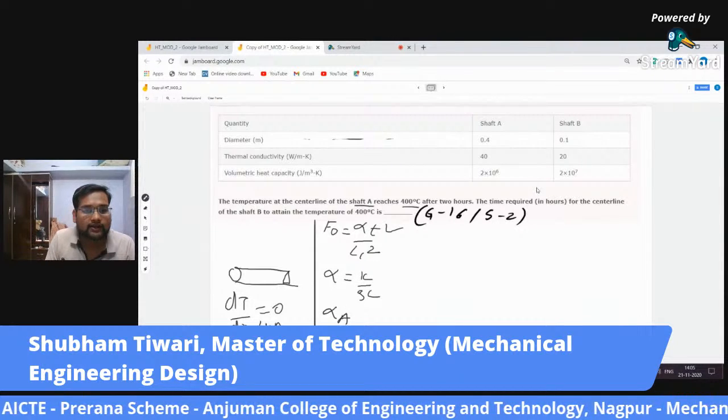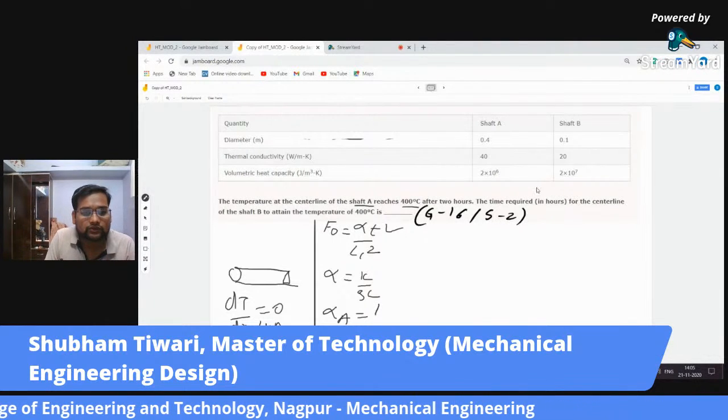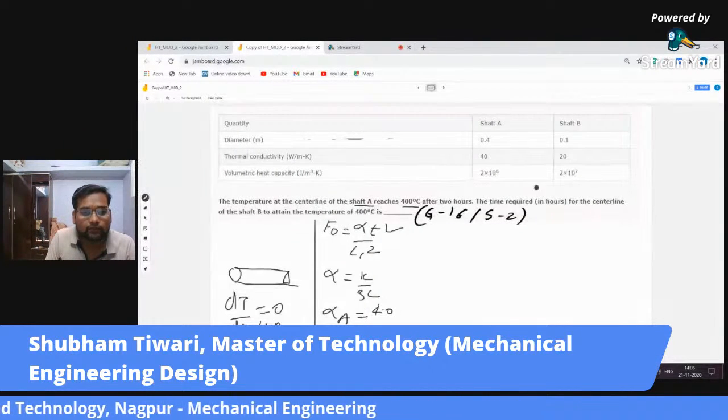Finding alpha for A, put the value of k. What is the value of k? k for it is 40.